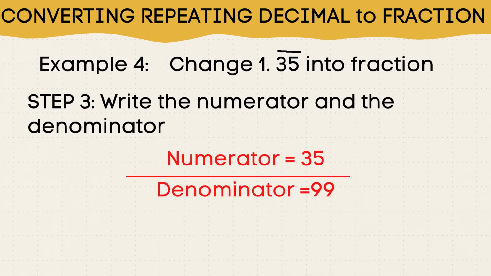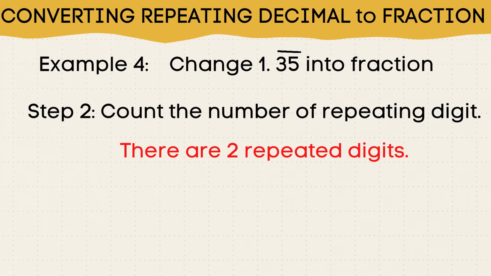Now, for the numerator, we are going to write 35, and for the denominator, we are going to write 2 nines. Why 2? Because we have 2 repeated digits.